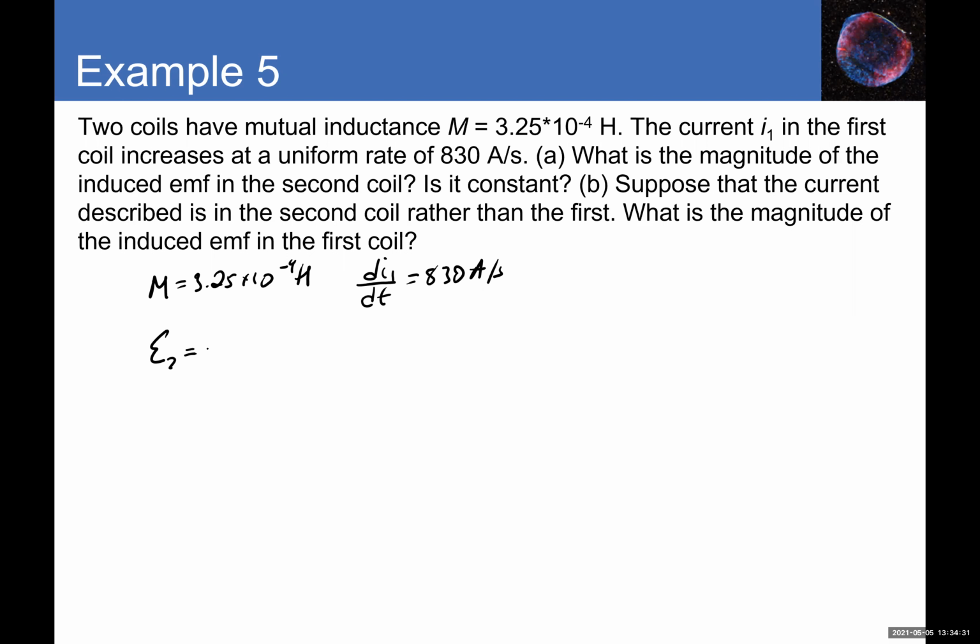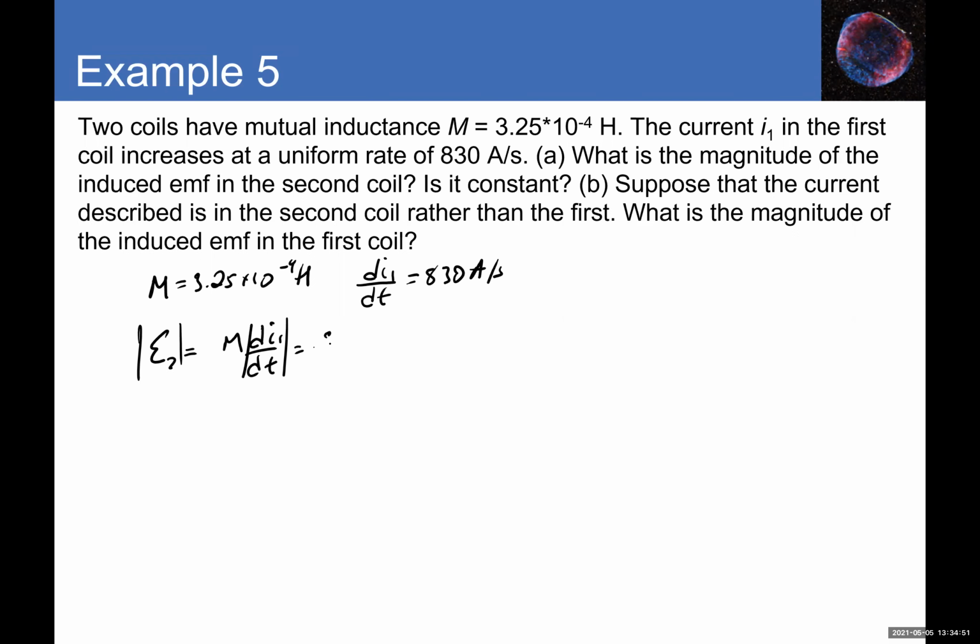Induced EMF in the second coil equals negative M times di1/dt. So again, if you want, you can put the negative, you don't have to put the negative. You can pretty much take an absolute value, because what we're calculating here is the value of the EMF. Doesn't matter if it's clockwise or counterclockwise.